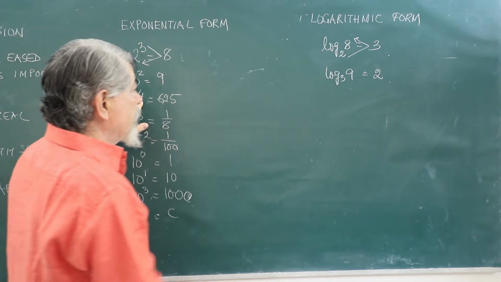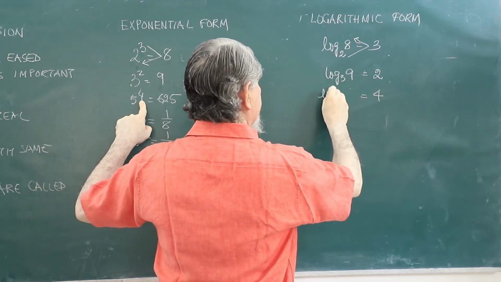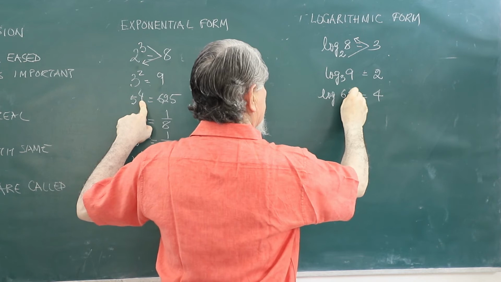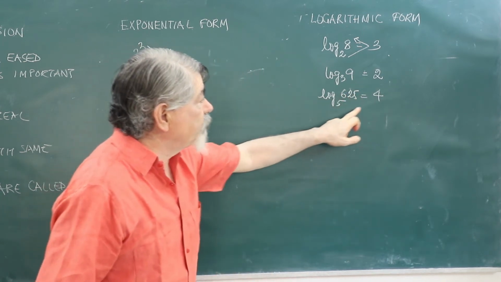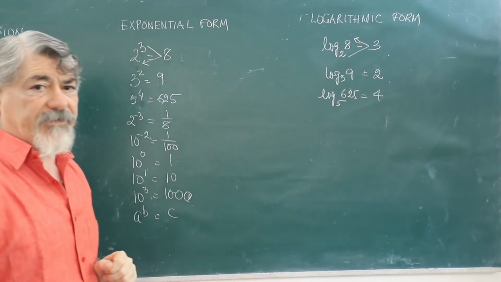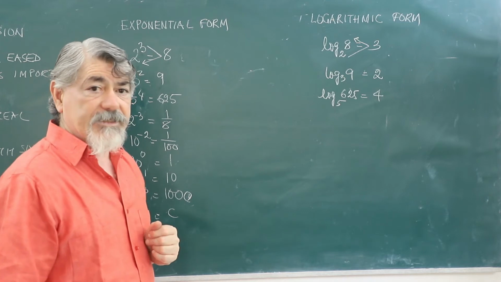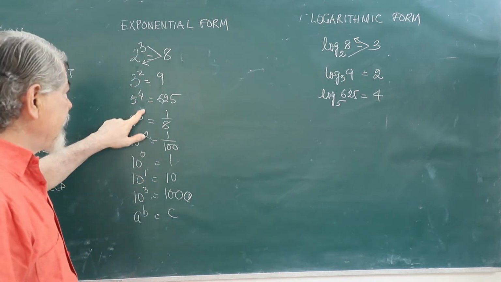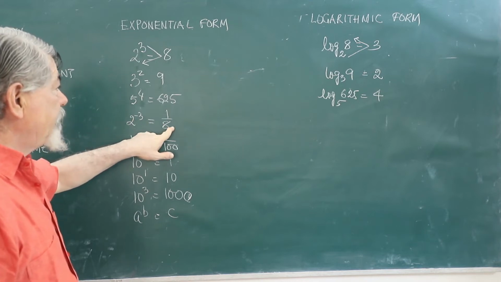Now here 4 is the log of 625 to the base 5. If I raise 5 to the power 4, I'll get 625. Similarly here, minus 3: 2 has been raised to minus 3 and we get 1 upon 8.